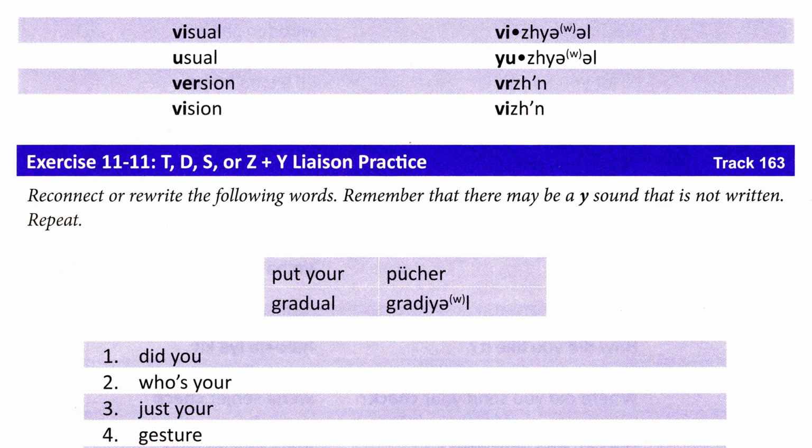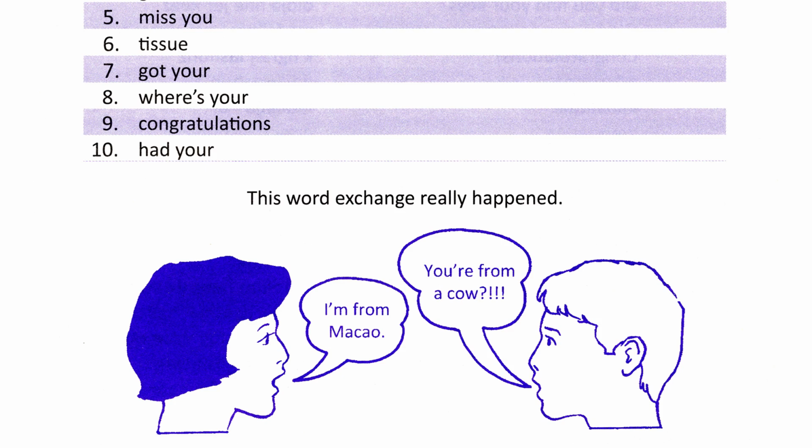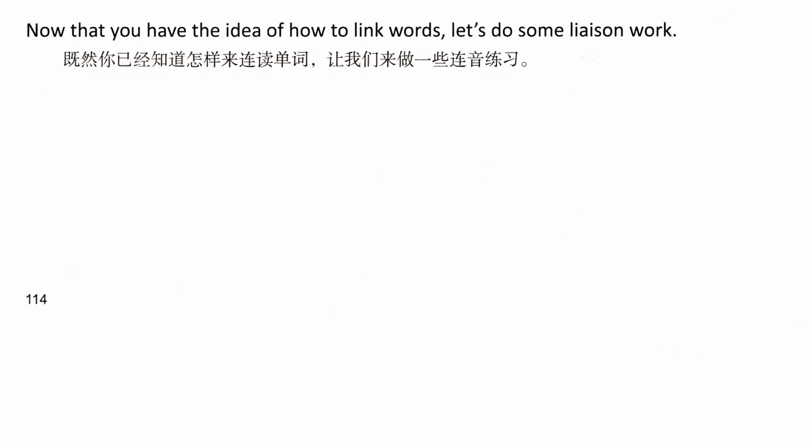Gesture. 5. Miss you. 6. Tissue. 7. Got your. 8. Where's your? 9. Congratulations. 10. Had your. Now that you have the idea of how to link words, let's do some liaison work.